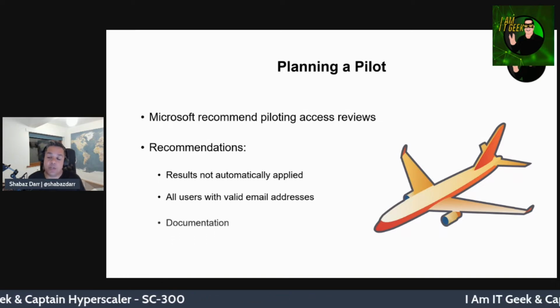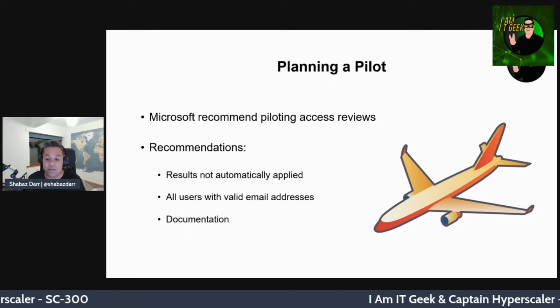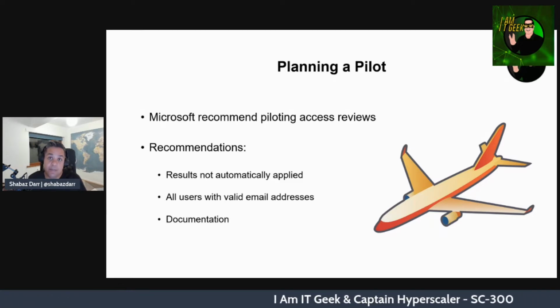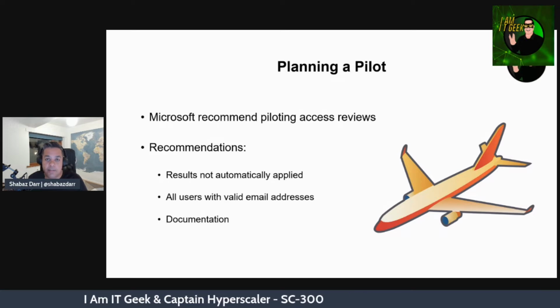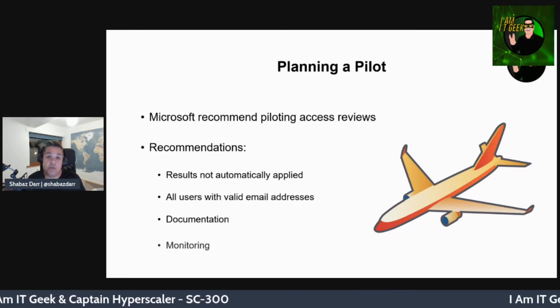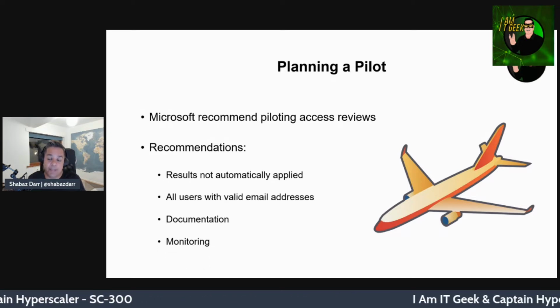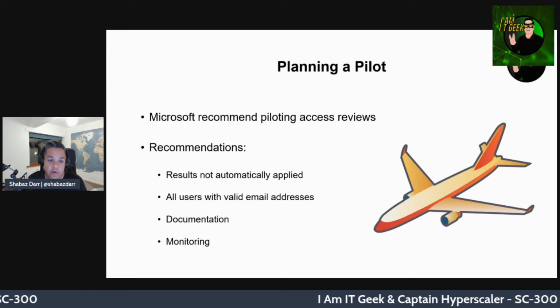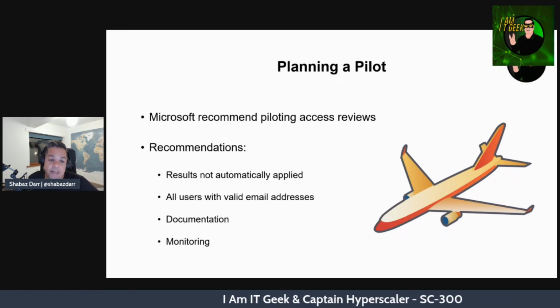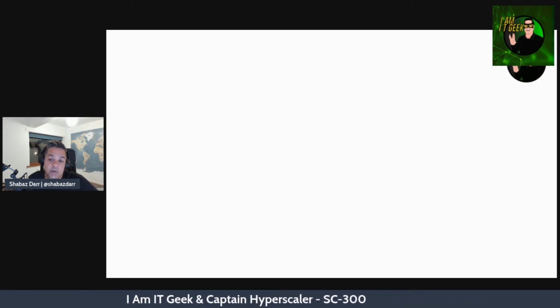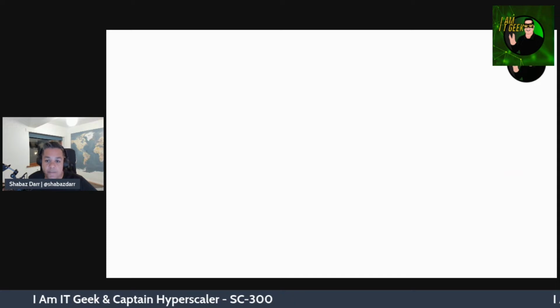Document any access removed as part of the pilot in case you need to quickly restore it afterwards. And finally, monitor audit logs to ensure all events are properly audited. These are key recommendations around planning a pilot, which is recommended by Microsoft.